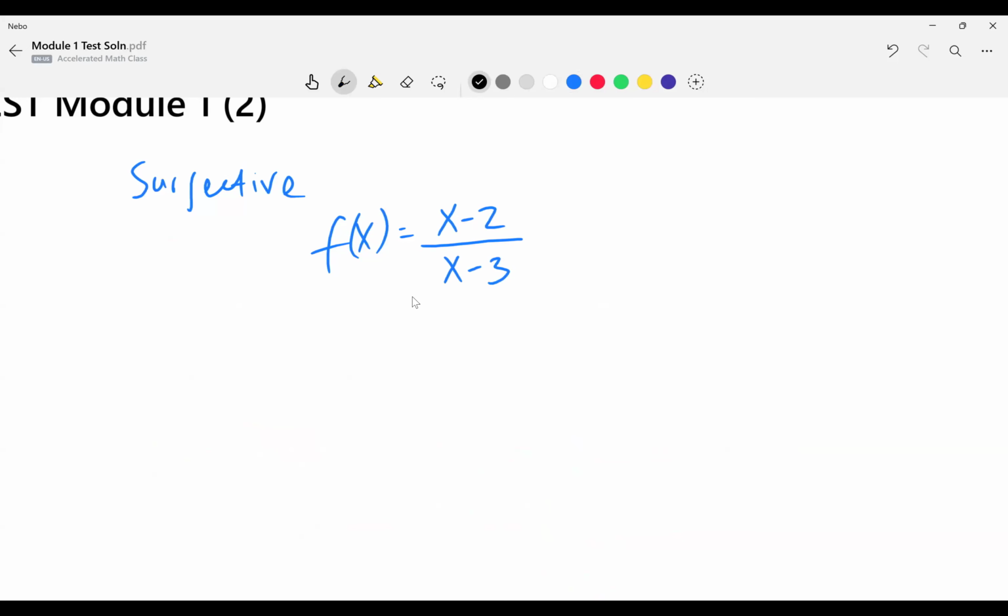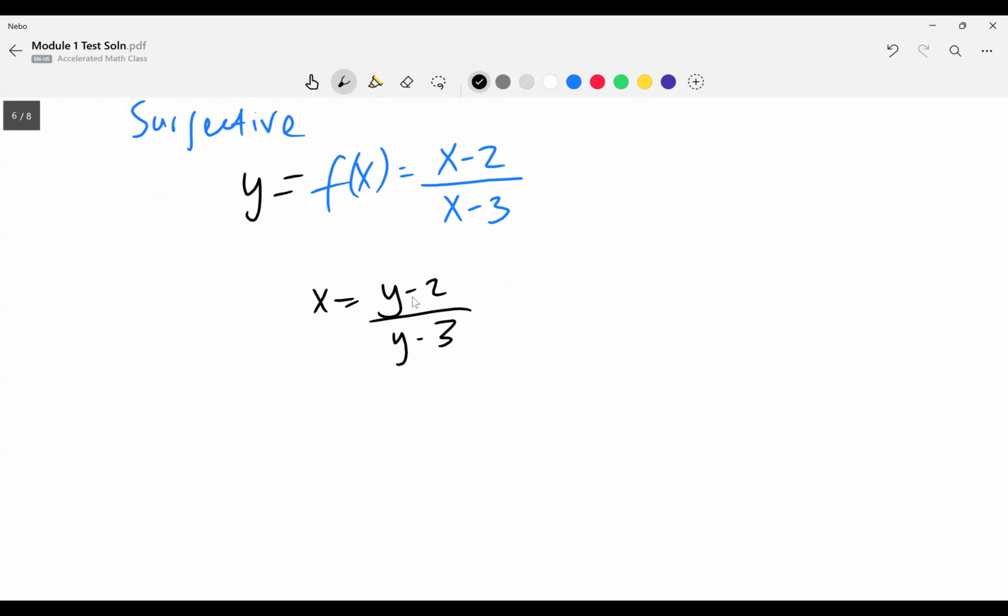Now we're going to have this being y, and when you guys are finding inverse in CAPE, they tell you to switch out x and y. So you get x is equal to y minus 2 over y minus 3.